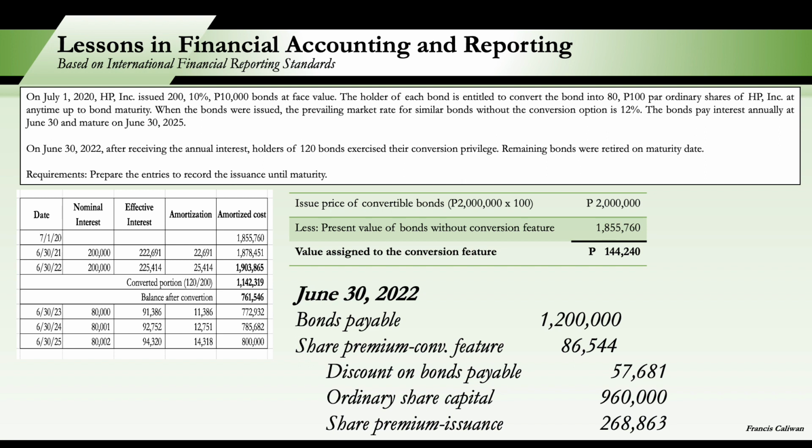First, you determine the carrying value of the bonds converted, which is 1,142,319, plus the share premium conversion feature, which is 86,544. That is our total consideration, less the par value of the shares issued, which is 960,000. Therefore, our share premium is 268,863.